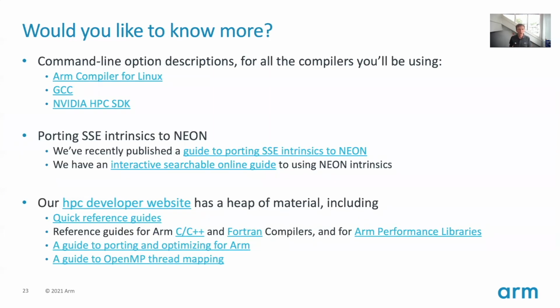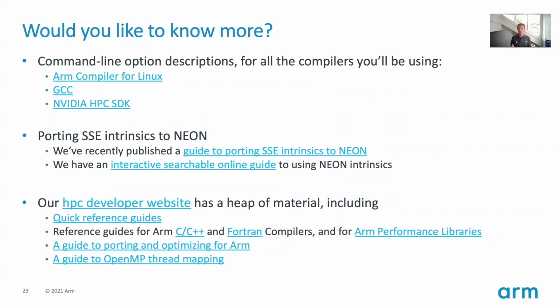Okay. So finally, we've got a bunch of links on this slide. We'll share the PDF of these slides so you can follow through on them. But we've got links to the list of all the command line options available on all of the toolchains that you have, and some guides to porting.